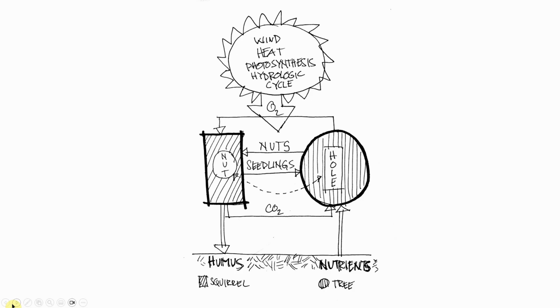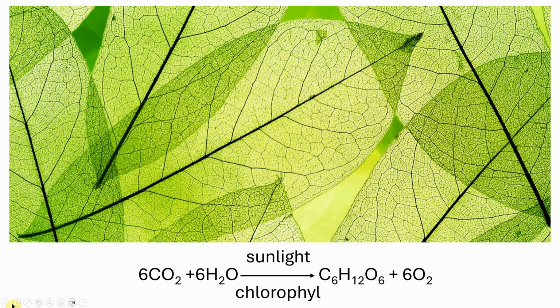The sun drives this whole mechanism. Wind is driven by the sun. Heat, the temperatures of the planet are driven by the sun. The hydrologic cycle, and photosynthesis. Photosynthesis bears discussing a little bit because it's kind of the driver for everything. We forget maybe that it's just sunlight and chlorophyll, so plant tissue, turns carbon dioxide and water into sugar and oxygen.